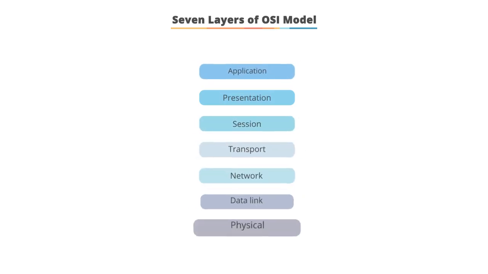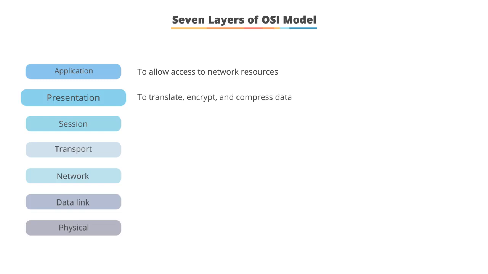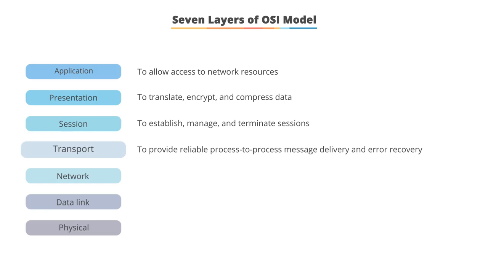Let's talk about the layers. At the very top is application. It allows access to network resources. The presentation layer, used to translate, encrypt, and compress data. The session layer is used to establish, manage, and terminate sessions. Transport provides reliable process-to-process message delivery and error recovery.